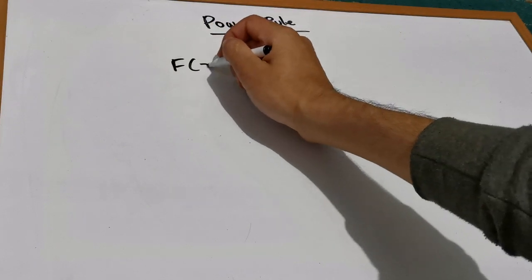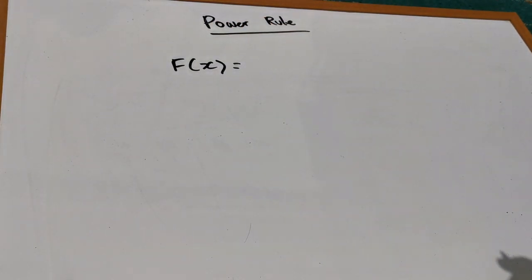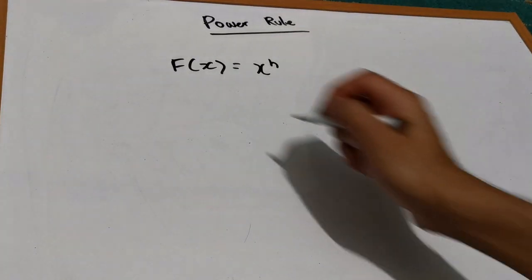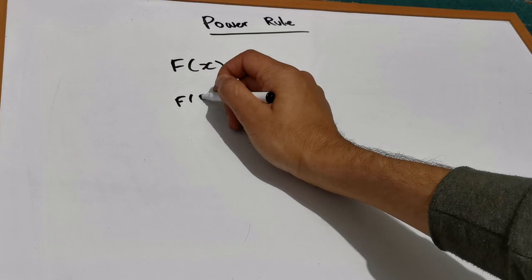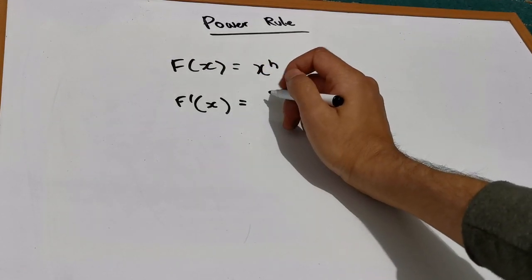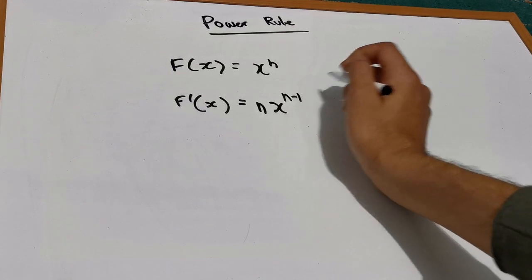So essentially, if you generalize it, say f of x is equal to x to the power of n. F prime of x will equal n times x to the power of n minus 1.